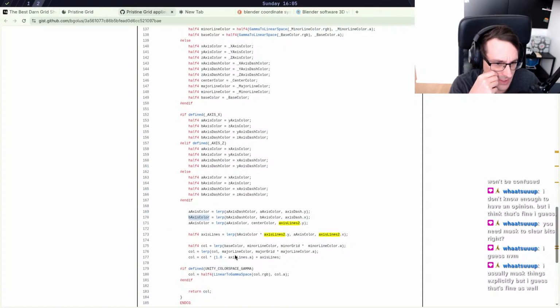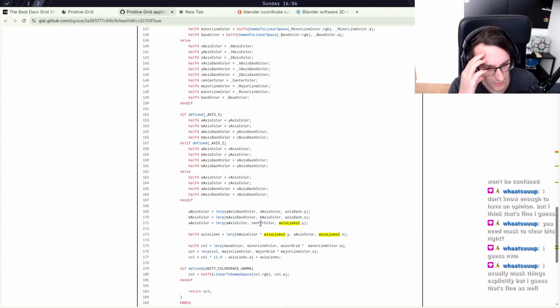And then B axis color is, why is he doing this? Oh, okay. That's where he puts in the center color. I think I don't need that. Can I not just do that? Leave out this?